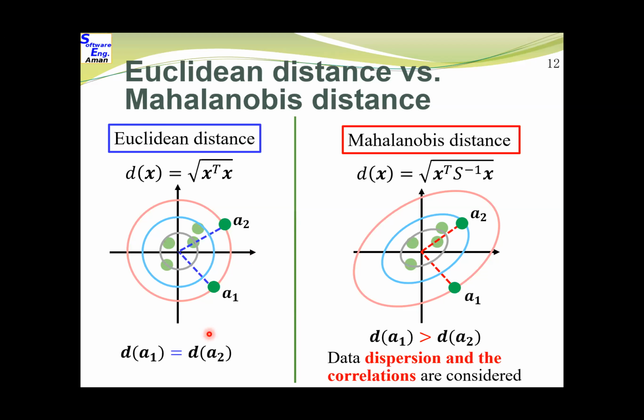It means the distances of A1 and H are the same. On the other hand, the Mahalanobis distance considers data correlation. So A1 and H are on different circles. It means both distances are different. So in this case, the distance of A1 is further than A2 because the dispersion and the correlations are considered.